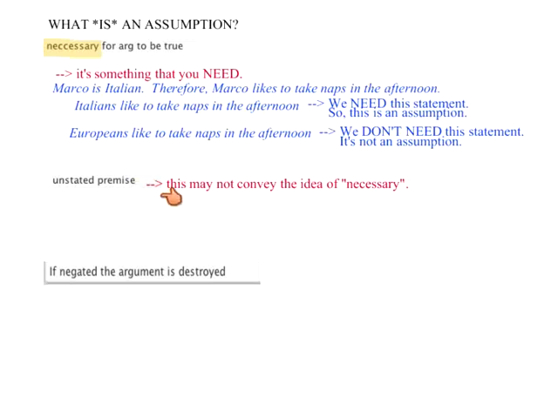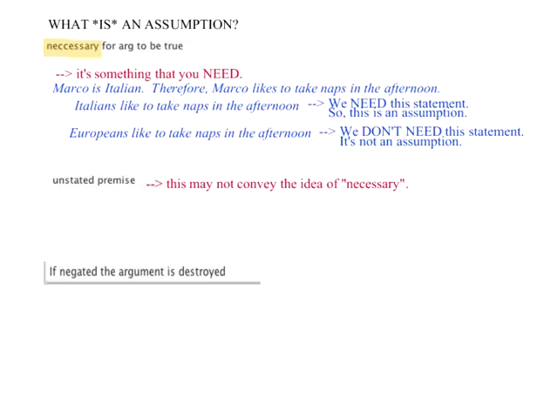When you say unstated premise, I think a lot of people mistakenly think that includes both of these. Because an assumption is not just a premise that if you add it, it works. Just make sure this is crystal clear that an assumption is something that is necessary. Any questions about this, please type them in the box.